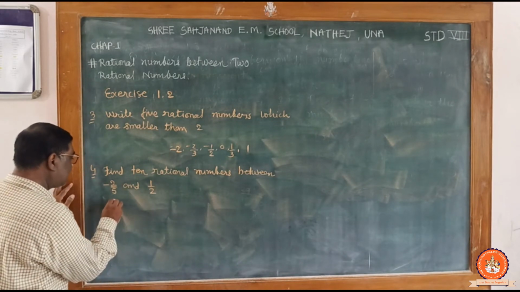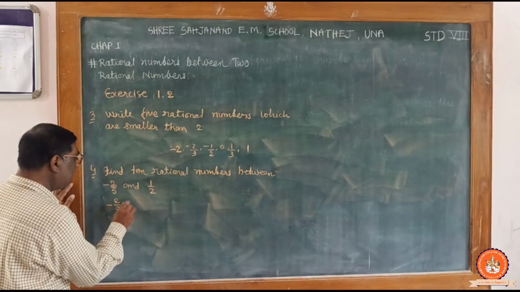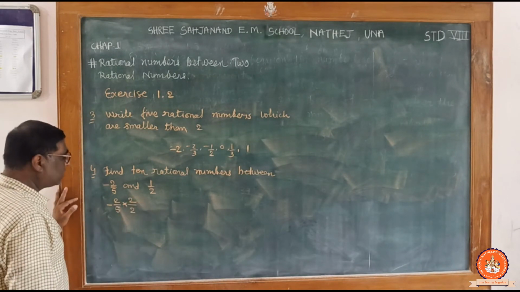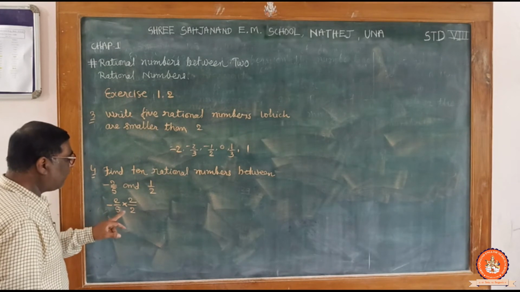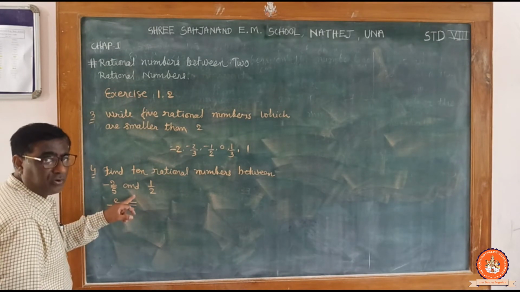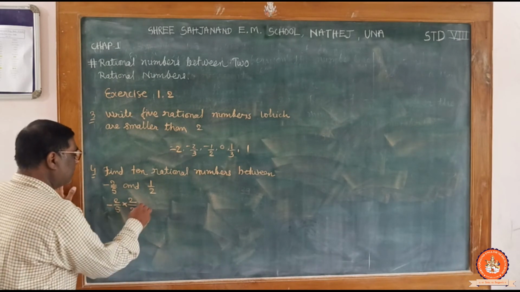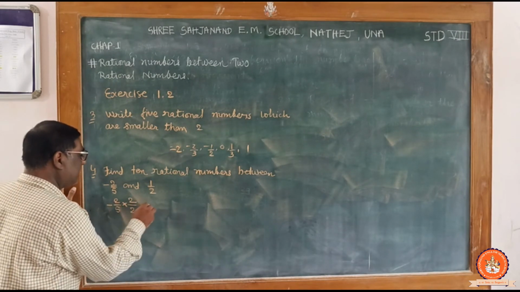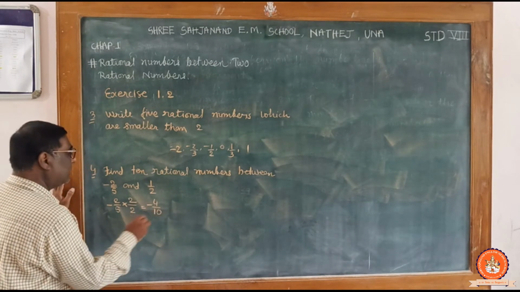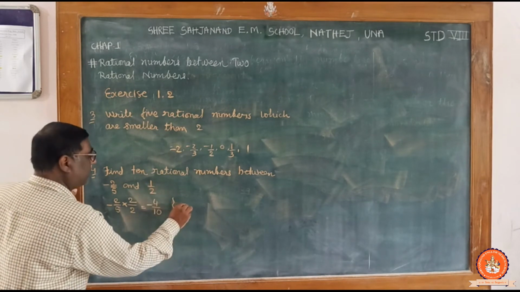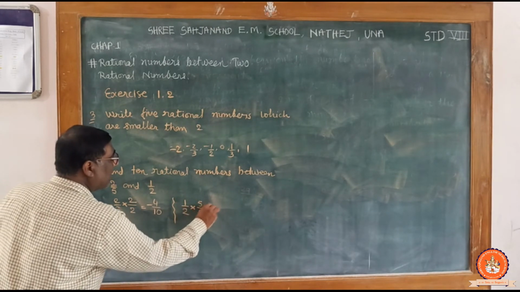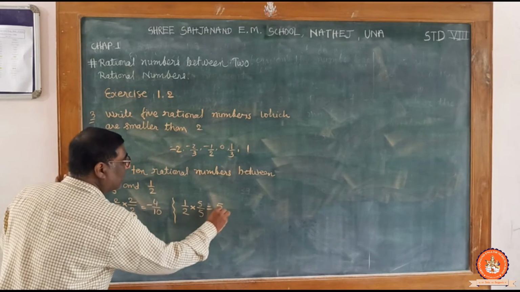So minus 2 upon 5 will be multiplied and divided by 2 upon 2, because 5 is required to be multiplied by 2, so the numerator should also be multiplied by 2. It's minus 4 upon 10. And 1 by 2 is required to be multiplied by 5 divided by 5. It's 5 upon 10.